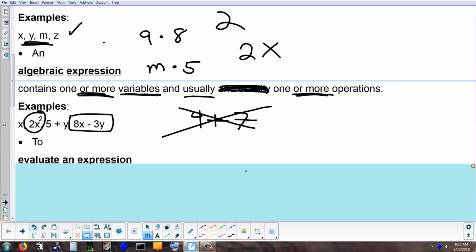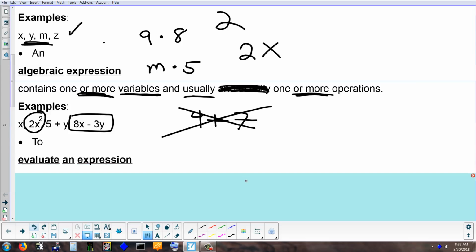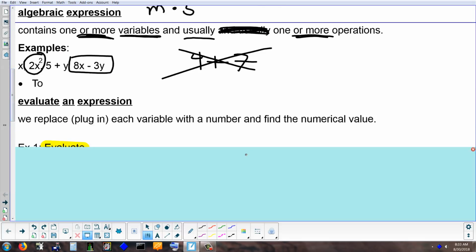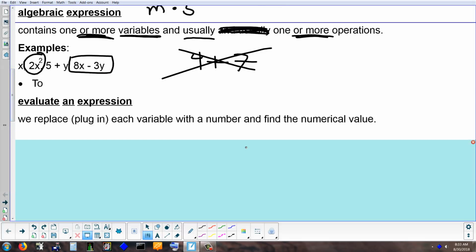Evaluate, exactly. So to evaluate an expression basically means take whatever letters you have, the directions will give you numbers, and fill in those numbers for the letters. This will be our first example that we go through together and we actually try and evaluate something.